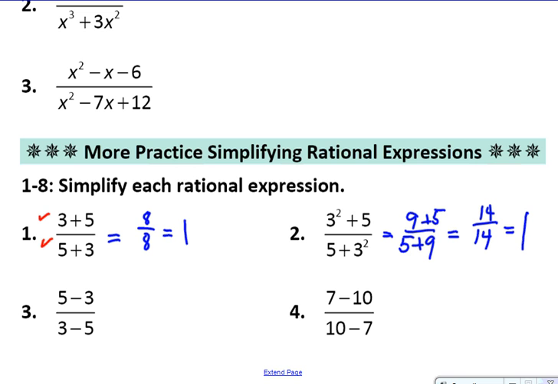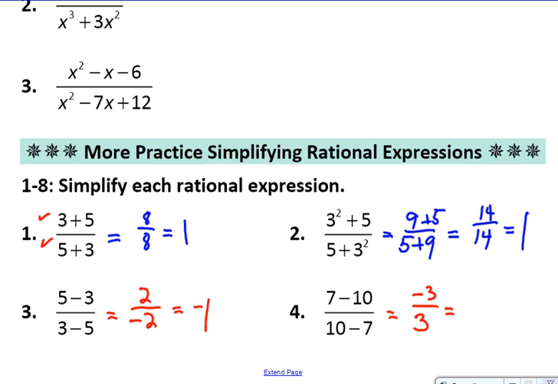So let's see what happens with a subtraction. 5 minus 3 is positive 2, and 3 minus 5 is now negative 2. And 2 divided by negative 2 is going to leave me with negative 1. And 7 minus 10 is negative 3, 10 minus 7 is positive 3.